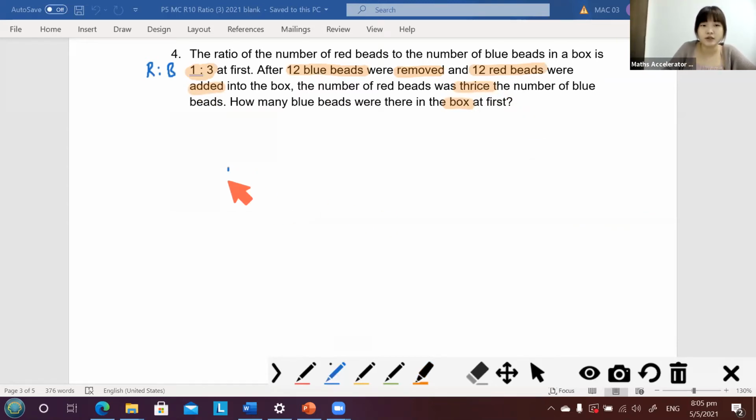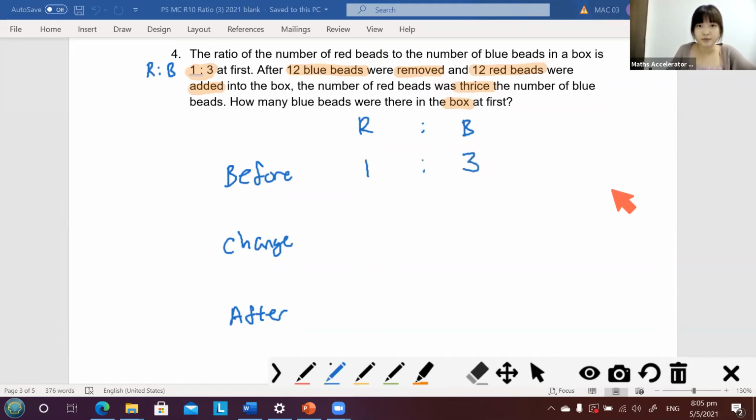So let's fill it in. We have before, change, after. So this is red to blue. At first it's gonna be 1:3. And at the end, red became thrice of blue. So what do you think is the ratio in the after row over here?